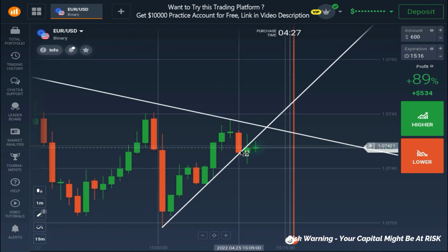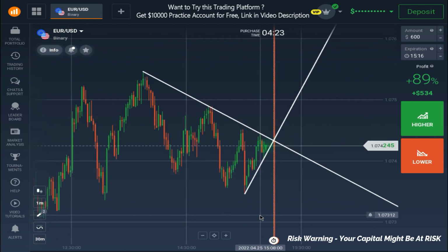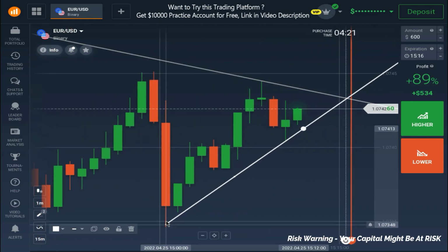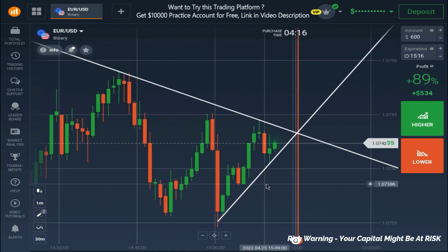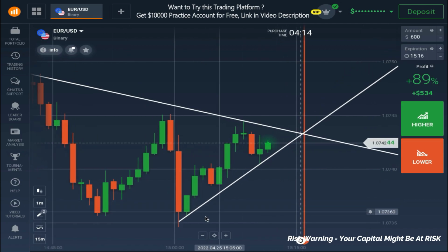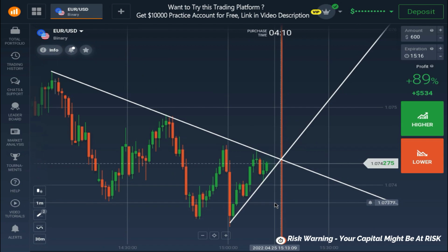No, we can't take it as a breakout. Let's switch. Okay, so we have got this support trend line. We'll wait for the market to break it. We need a clear breakout.